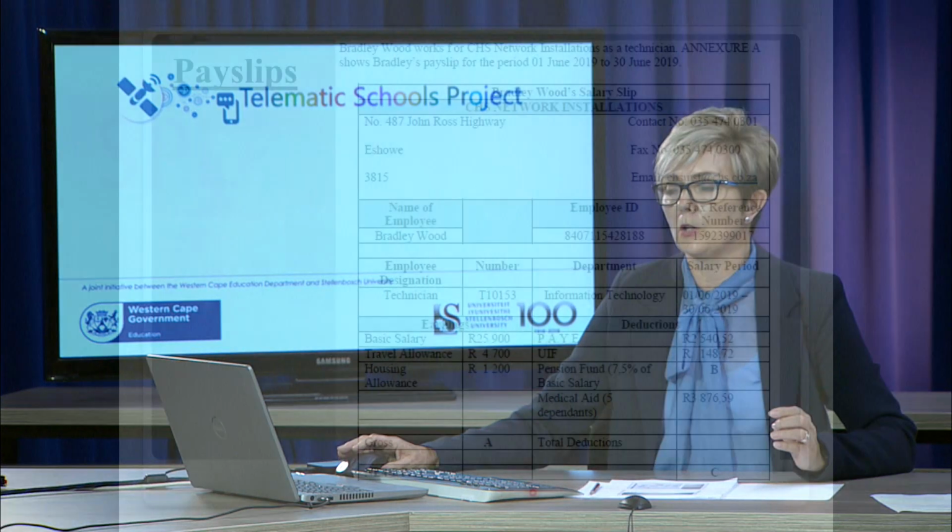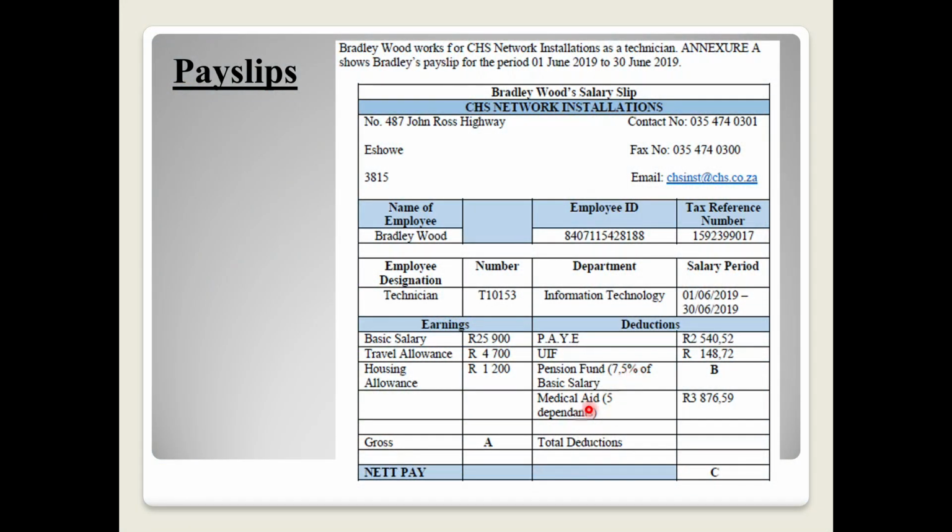On the screen, you will see a payslip in front of you. They can give you a payslip together with the tax question. So let's quickly have a look at this specific payslip.